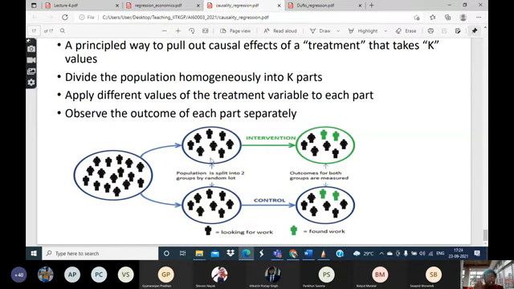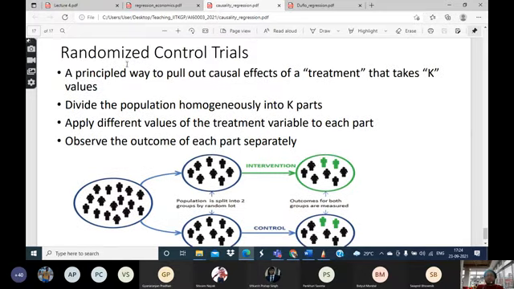So that means that whenever we have to do a randomized control trial, we have to make sure that all the populations into which we are dividing the original population must be identical in every respect other than the treatment. So why do we say randomized control trial? What is the significance of the words randomized and controlled?